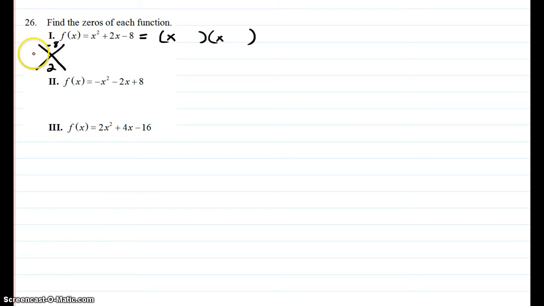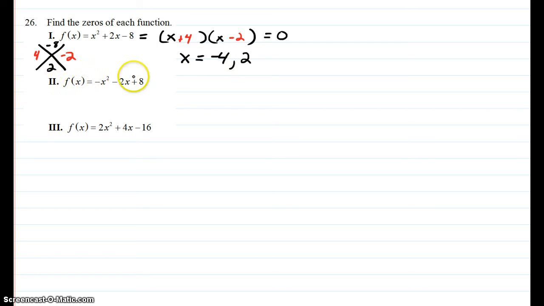That would be positive 4 and negative 2. So now we want to find the zeros, so we make it equal 0. So what would make this 0? Negative 4. And what would make this 0? Positive 2.